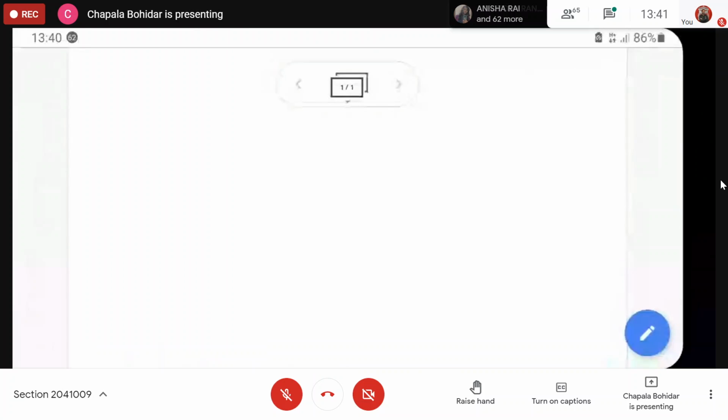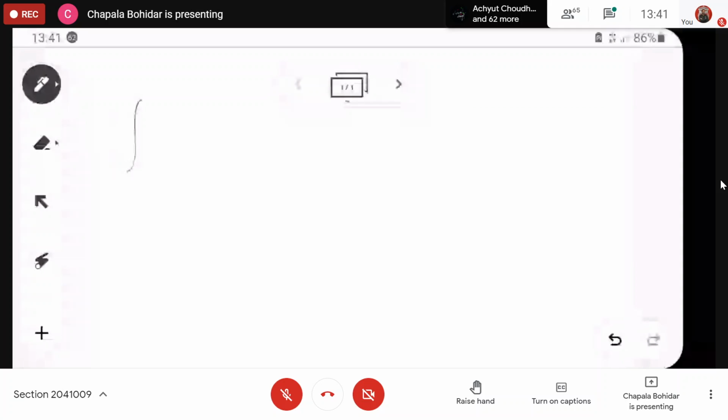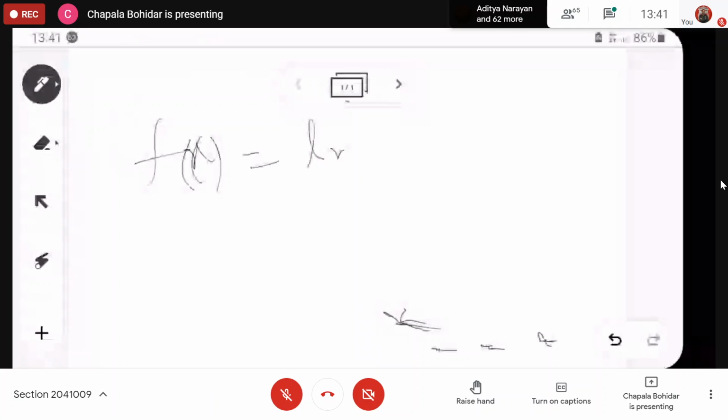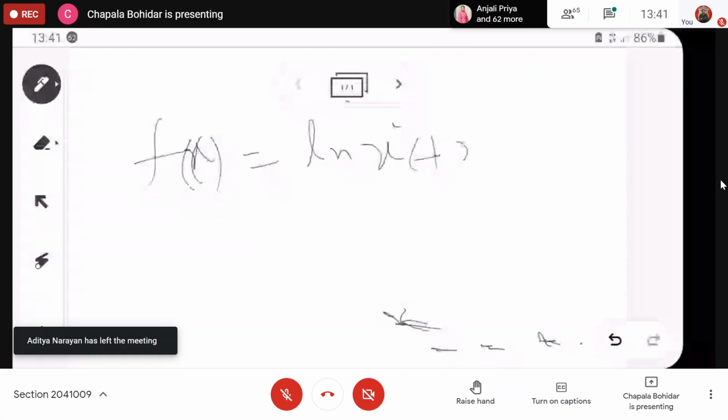So what did your interval tell me? Your function is f(x) equal to ln(x^4 + 27). The interval: minus infinity less than x less than 0.